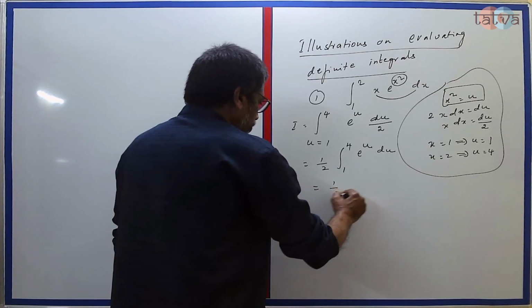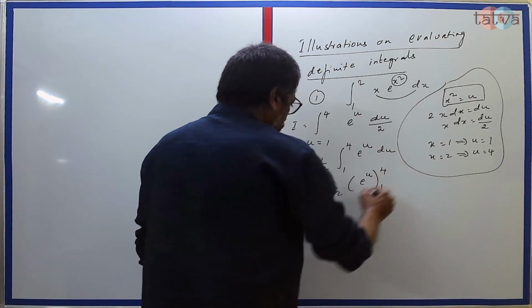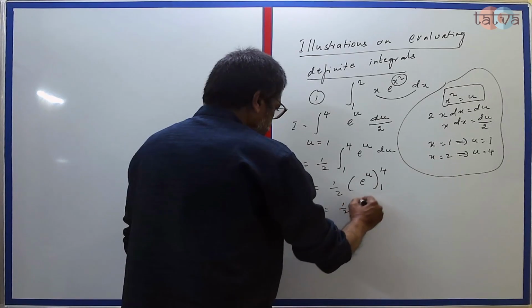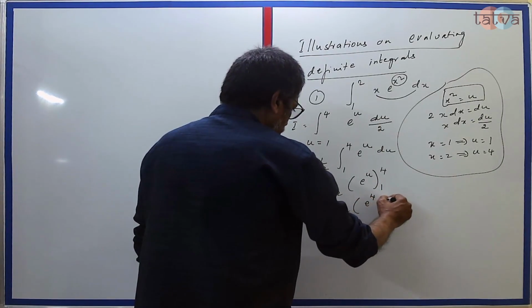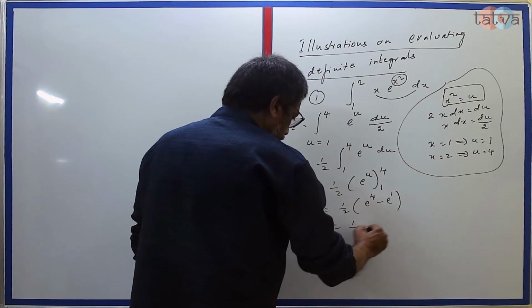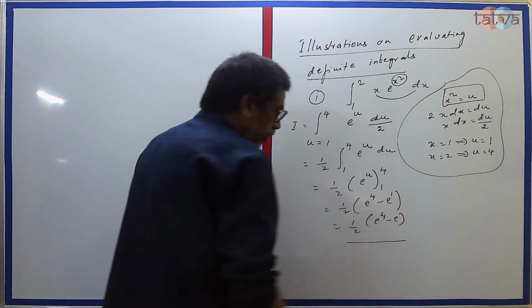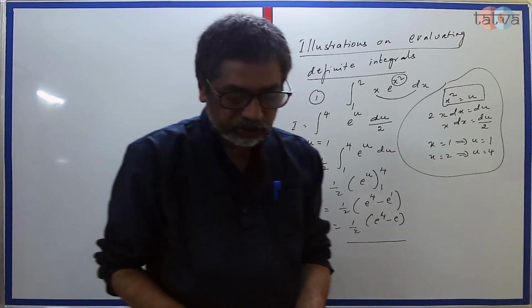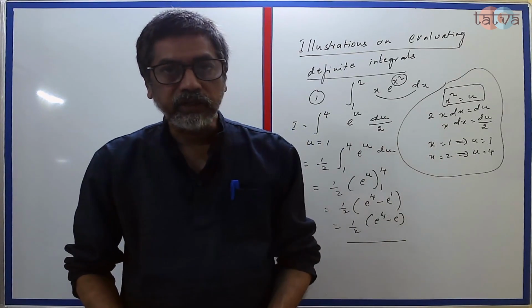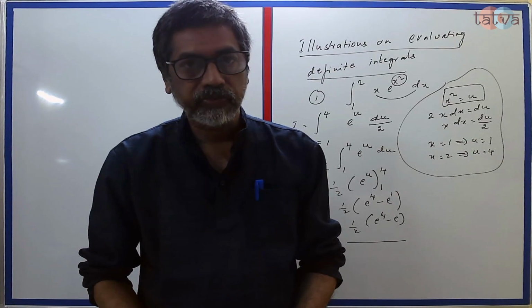This is half times e power u from 1 to 4. This is half e power 4 minus e. Even though this may appear a very simple question that has been demonstrated, these things do arise once in a way, even in double integrals.